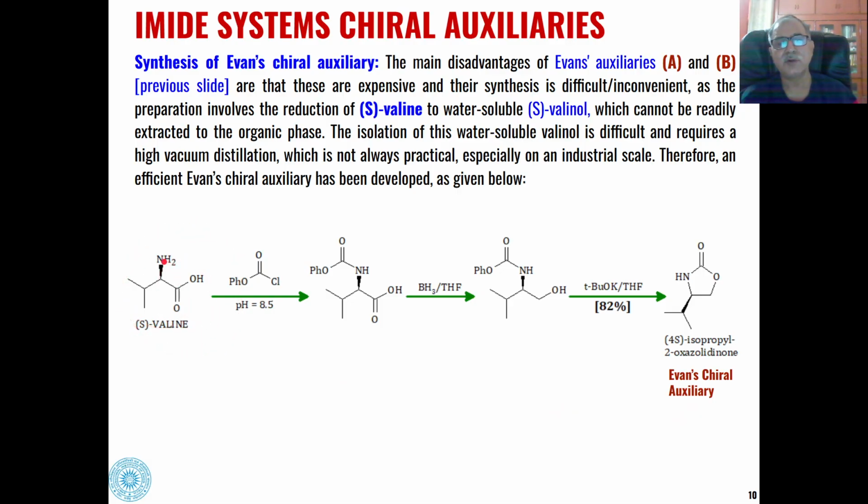So first this undergoes N-alkylation at this place, and then this N-alkylated product in the presence of hydroboration reaction undergoes reduction of this carboxylic acid into alcohol, and then this undergoes cyclization to give us these types of oxazolidine derivatives, and these oxazolidine derivatives act as chiral auxiliaries for synthesis of different types of substituted carboxylic acids or alcohols.